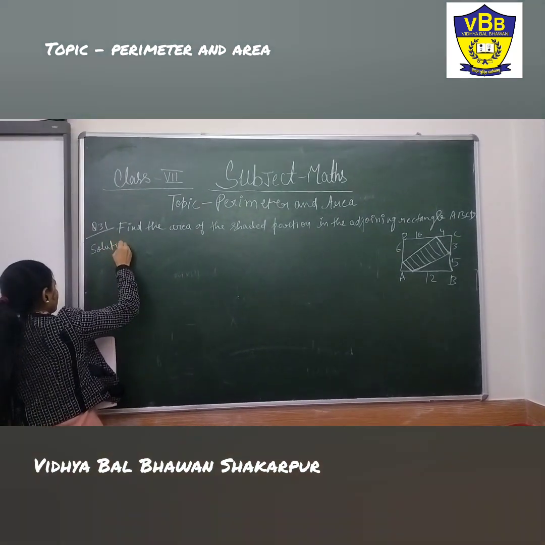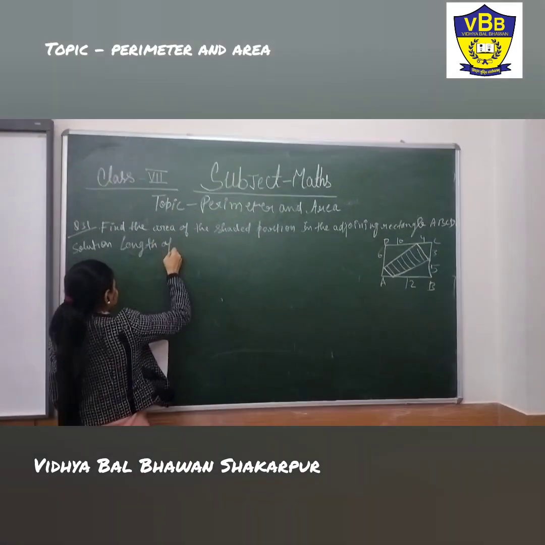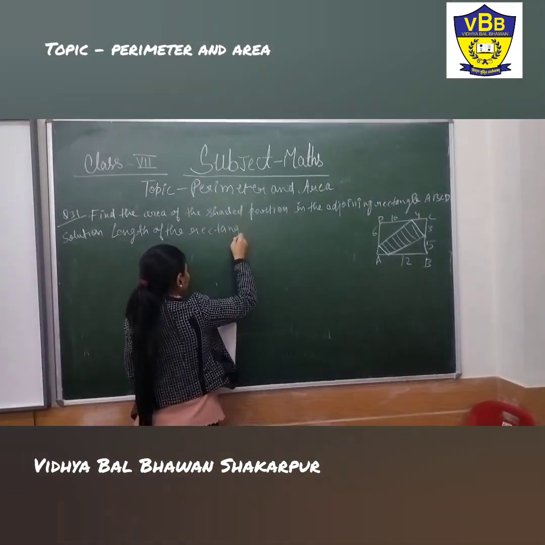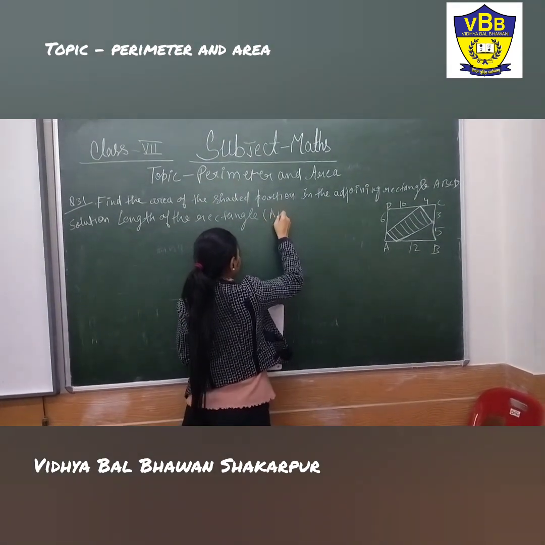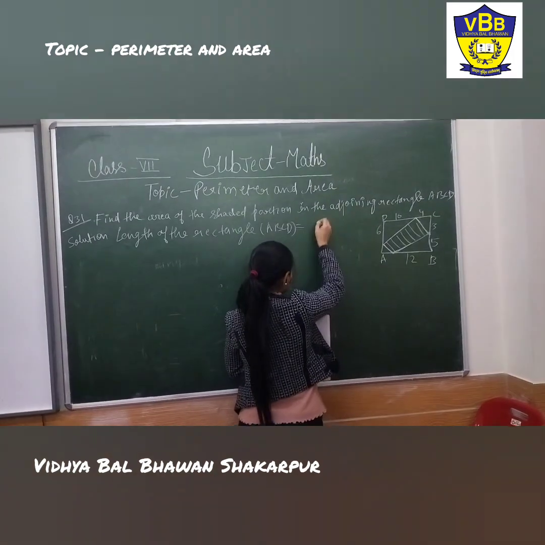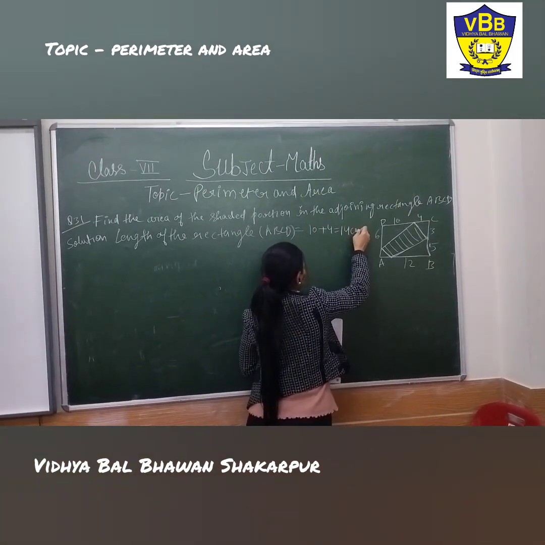Solution: length of the rectangle ABCD, it is 10 plus 4, that is 14 centimeter.